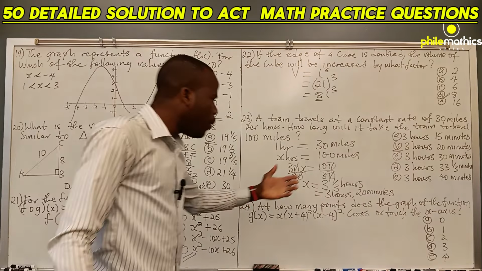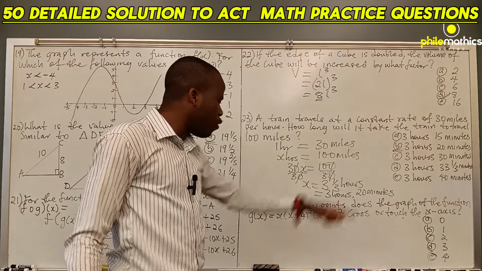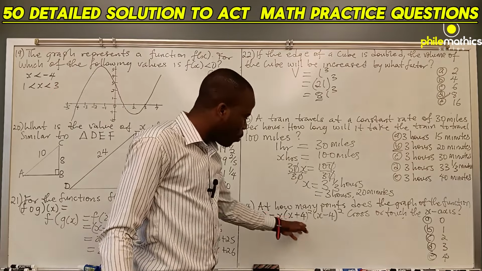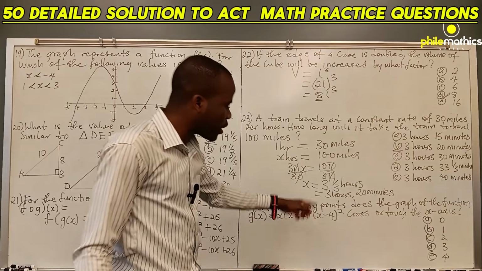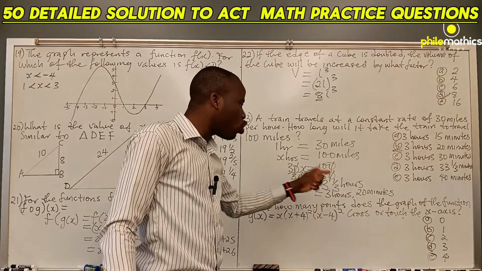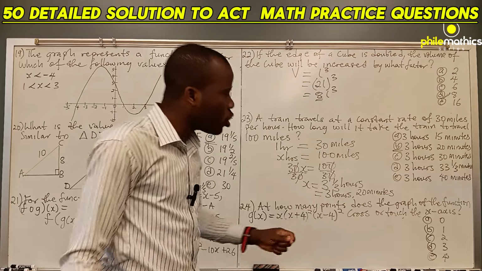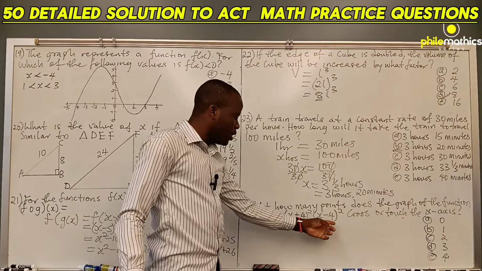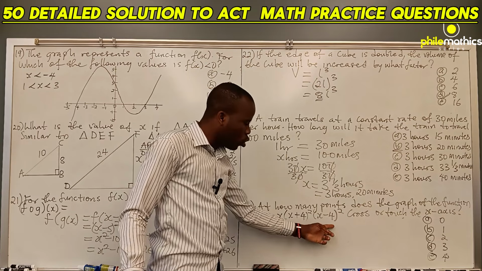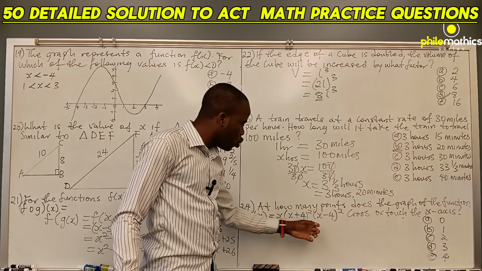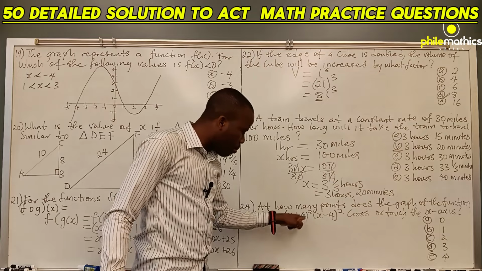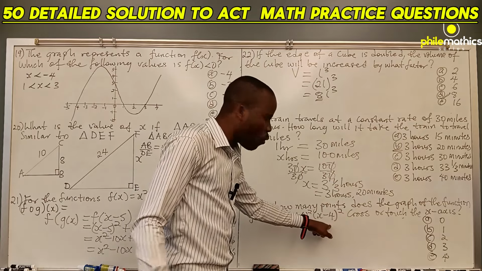At how many points does the graph of the function g of x, x multiplied by (x plus 4) squared multiplied by (x minus 4) squared, cross or touch the x-axis? Interestingly, this function will not cross the x-axis. It will only touch the x-axis at 0, at -4, and at 4.